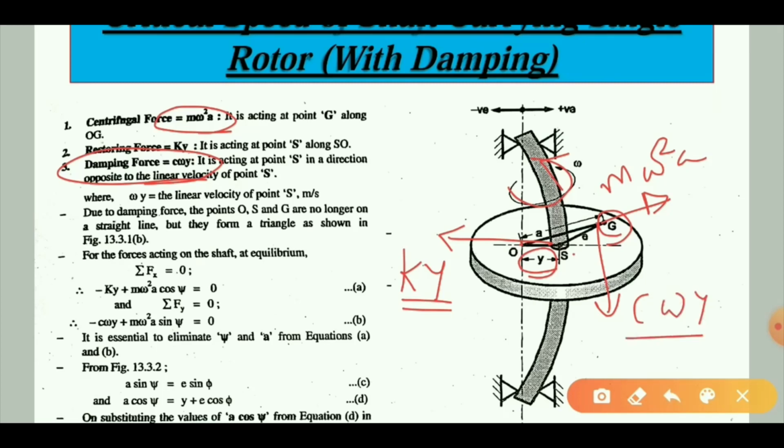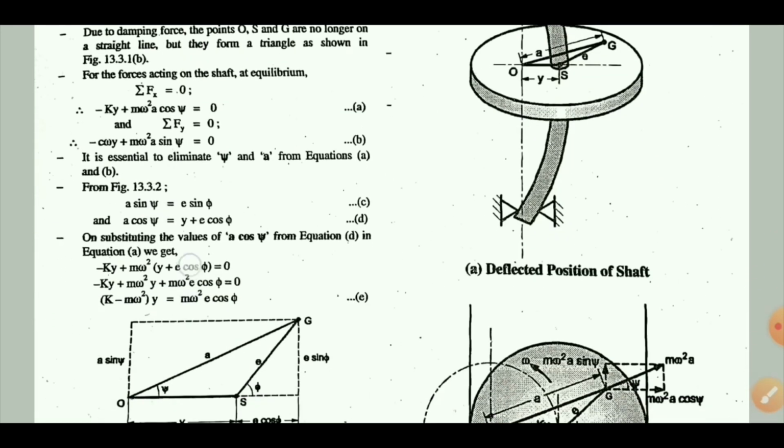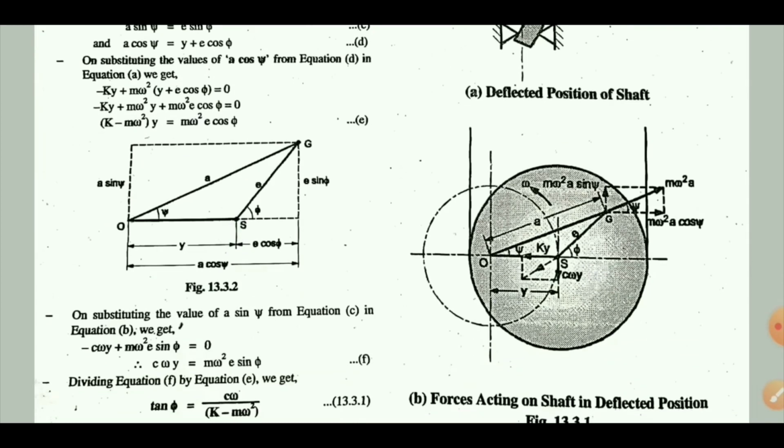Now we have to resolve the forces. Due to the damping force, the points O, S and G are no longer on the same axis. They will not be on the same axis, and this is the cross section we can see over here.